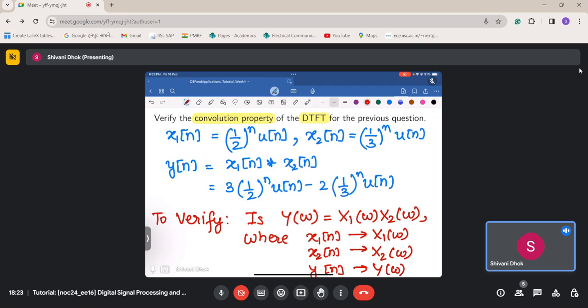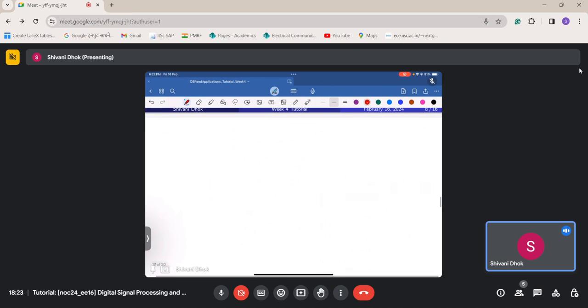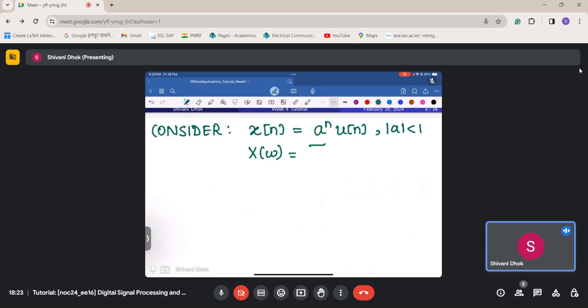Okay, so for simplicity we will consider some signal x[n] as a^n u[n], with mod of a less than 1. For that let us find X of omega, which is equal to the summation n running from minus infinity to infinity of a^n u[n] into e^(-j omega n).